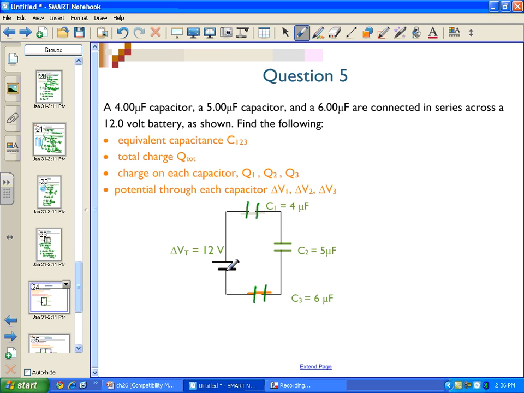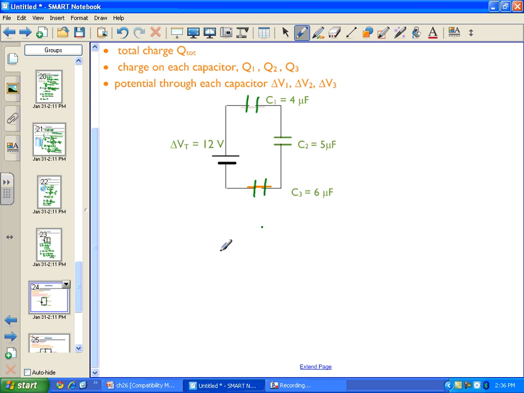The negative terminal of the battery connects to what will be the negative plate of C3. But we know that charges are going to be the same as Q total. It's just that our delta V's are not going to be the same.